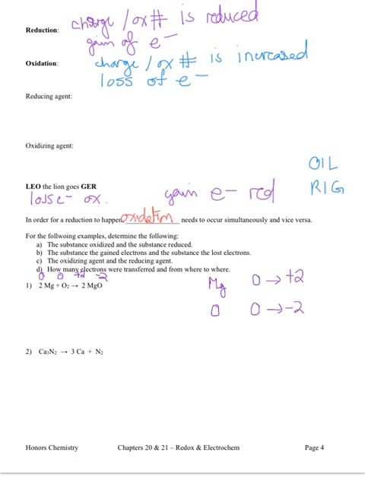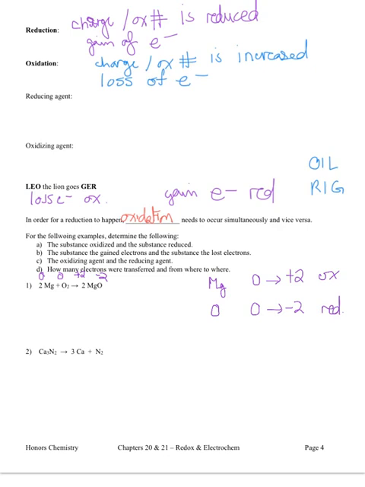So you want to ask yourself which one got reduced, which oxidation state got reduced. It went down. So which number went down? That would be the oxygen. It went from 0 to -2, so that means the oxygen was reduced. So then which one went up? That would be the magnesium. It went up. It went from 0 to +2.